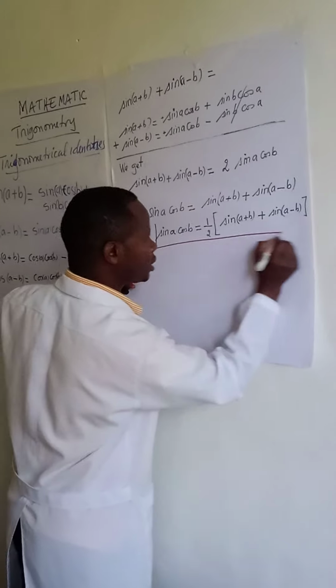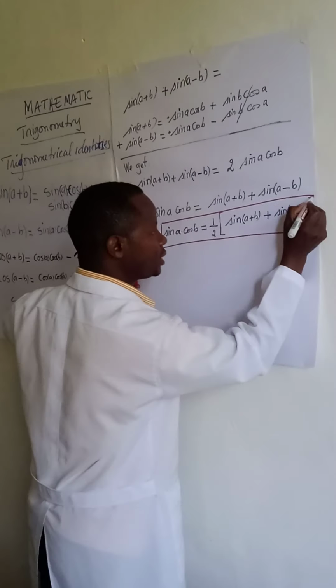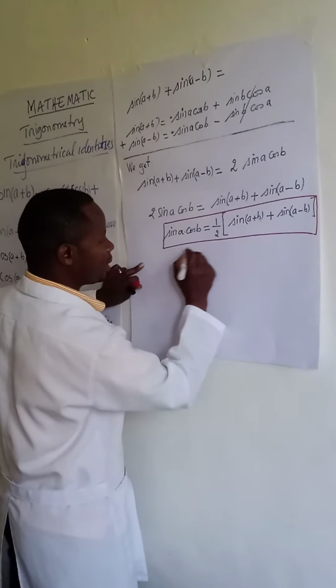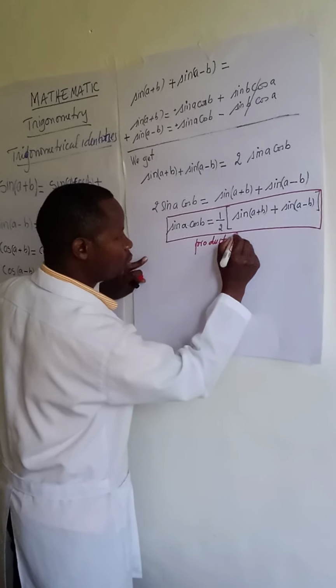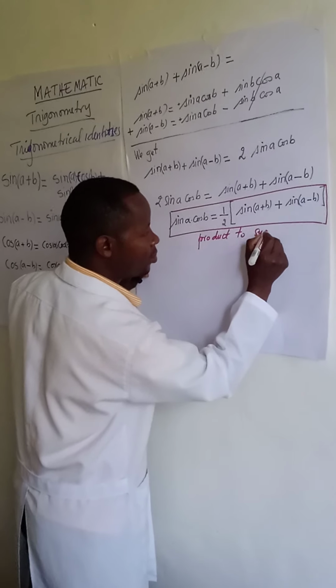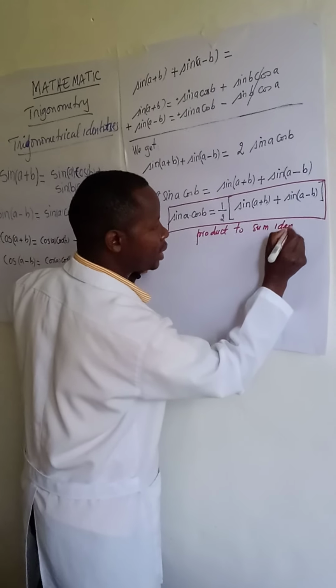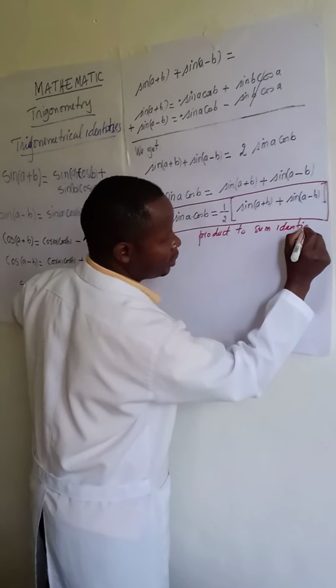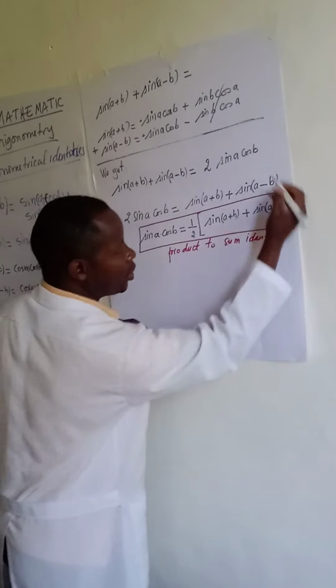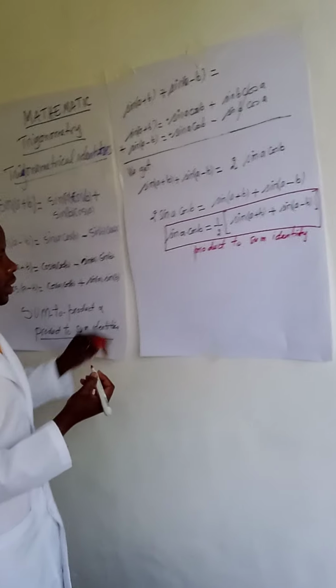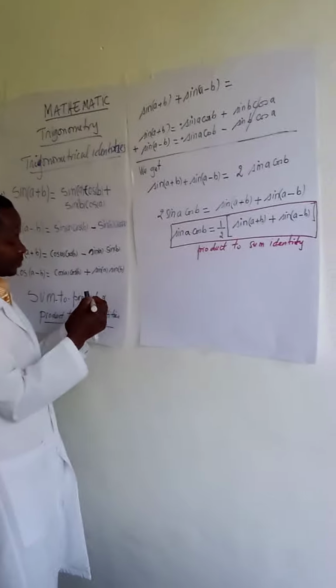So we express this as what? This is a products to sum identity. If you remember, you can now put the number we have seen. We were on identity 38.